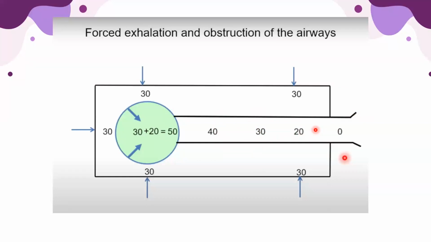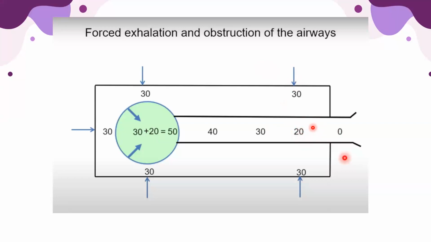Now, I told you in the beginning, when we were discussing the breathing cycle, that transmural pressure difference is positive throughout the cycle, and that's preventing the airways from collapsing. Now here at 20, the pressure inside the airway is less than that outside. 20 minus 30, you have minus 10.